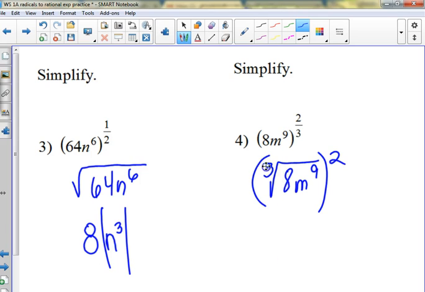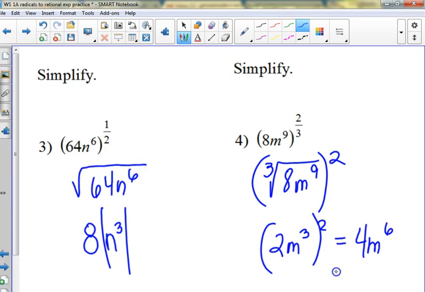Okay. So what is the cubed root of 8? 2. What is the cubed root of m to the 9th? Cube root means 1/3 power. So a third of 9 would be 3. Are we done? We still got to square it out there. So we get what?